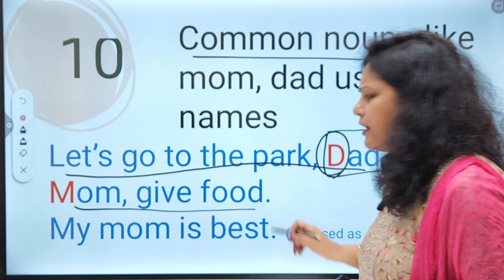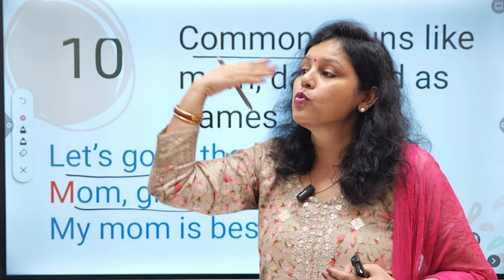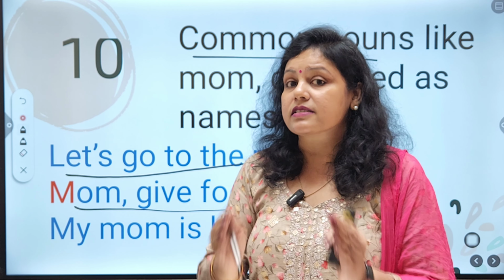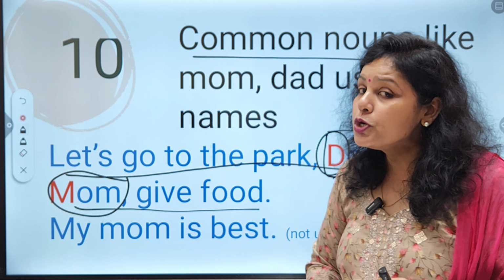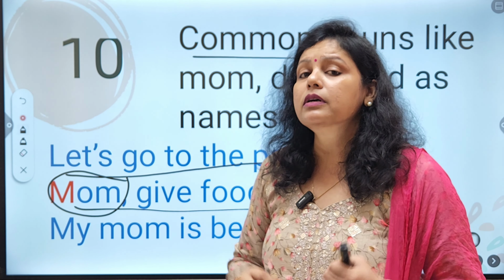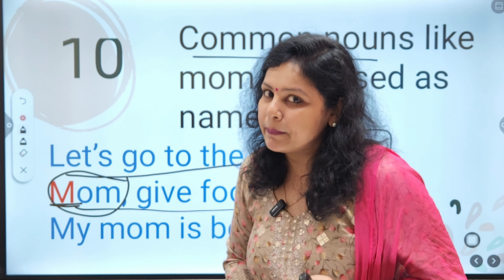Similarly, mom, give me food. So you are actually talking to your mom, and that is why you are taking that person as the proper noun. So here the word mom is not the common noun, it will become the proper noun, and that is why M will become the capital letter.